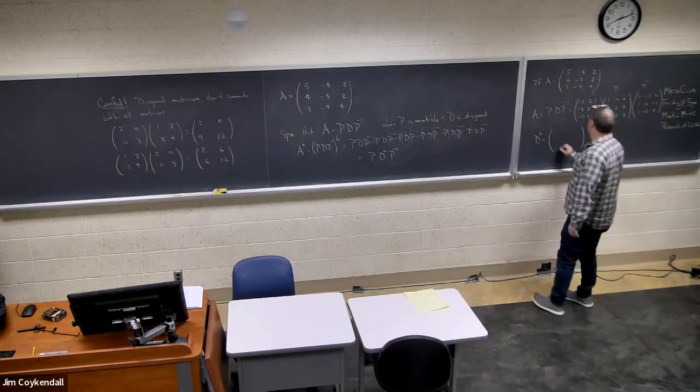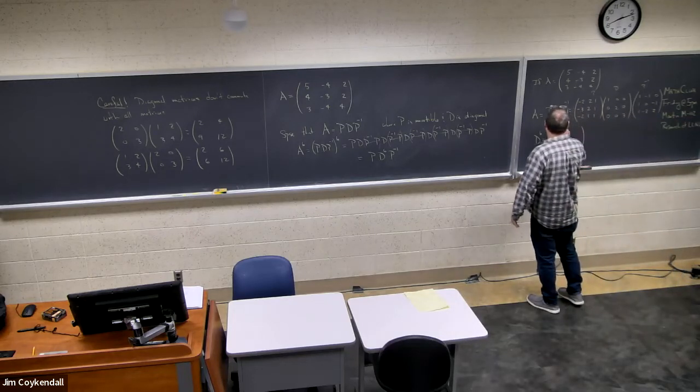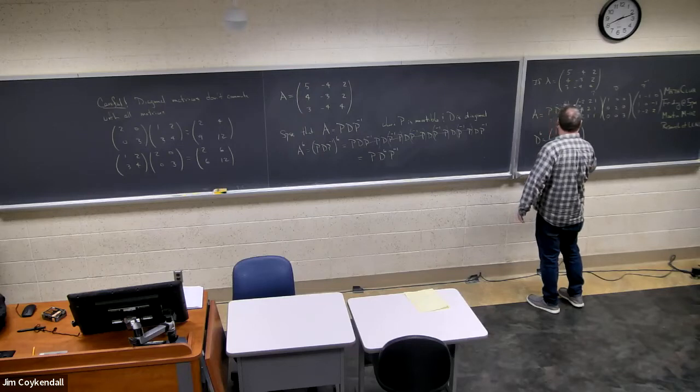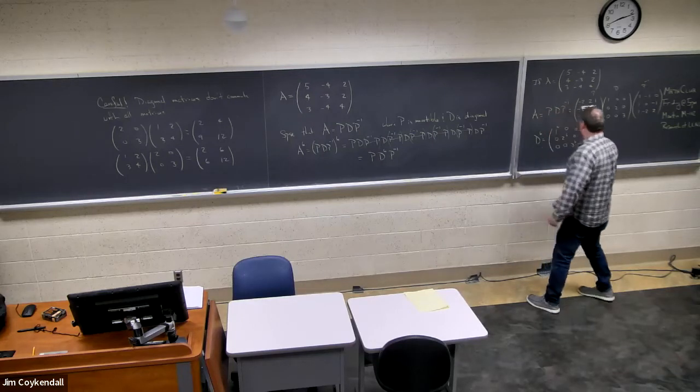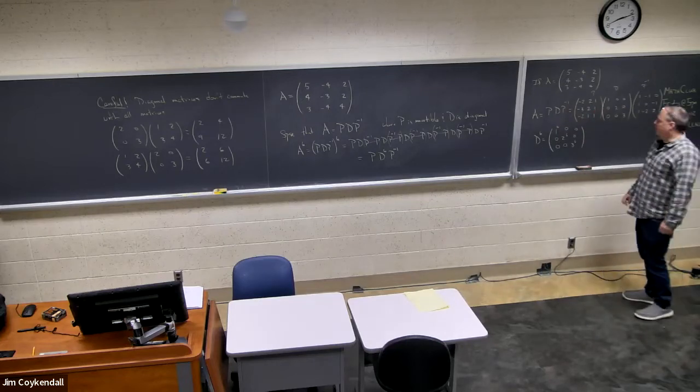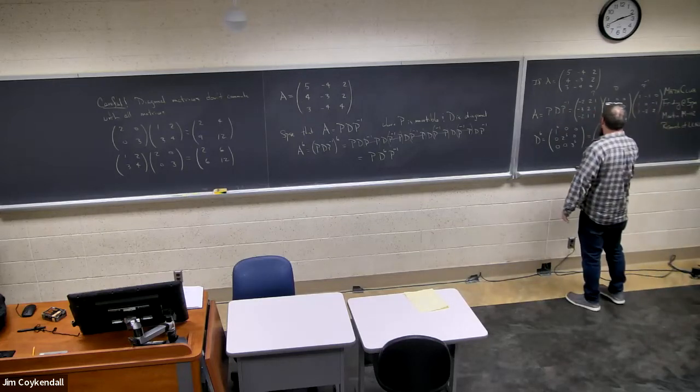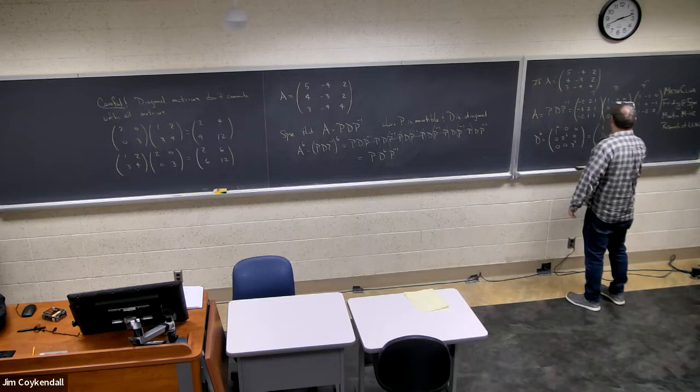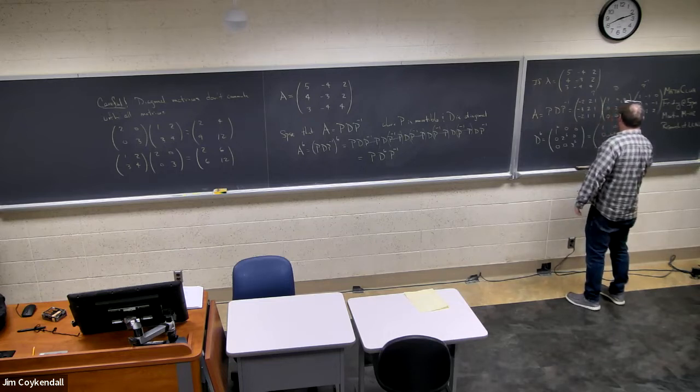Right? So it's 1 to the 6th, 2 to the 6th, 3 to the 6th. Much easier computation. So this matrix is actually 1, 0, 0, 0, 64, 0, 0, 0, 729.